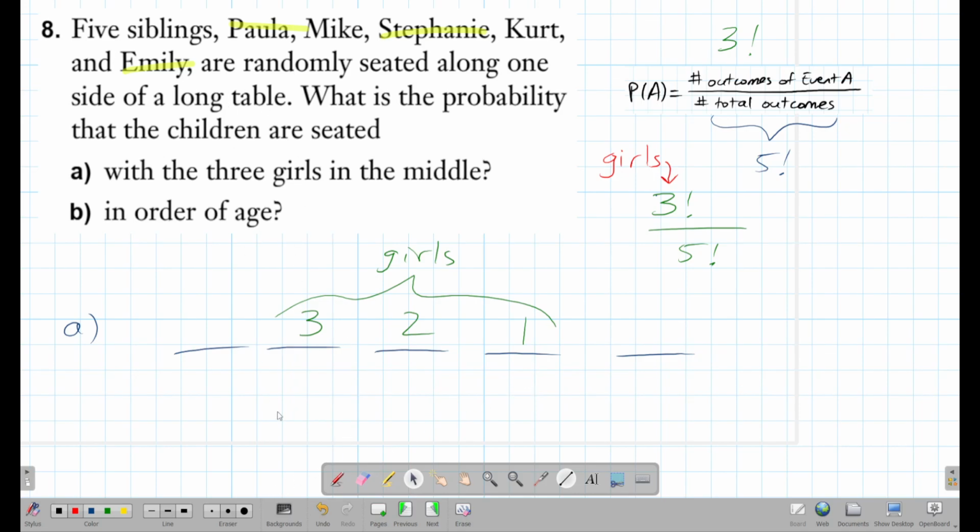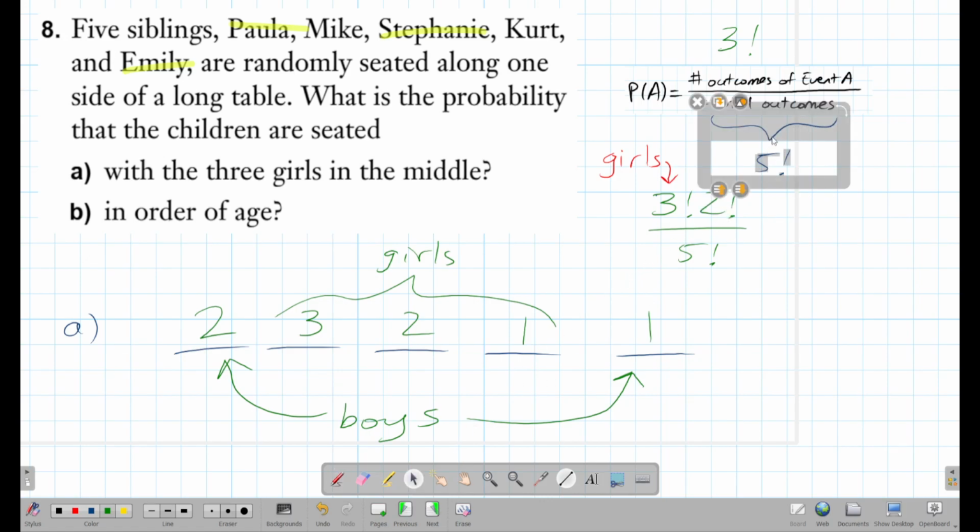Now, where can the boys sit? The boys can sit either here or here, so at the ends of the table. For the boys, we have 2 ways of choosing a boy to go here, and then 1 way of choosing a boy to go there. So for the boys, we're going to have 2 factorial.